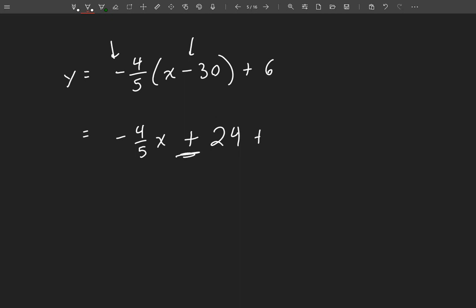And then plus 6. And now I simplify, and I get negative 4/5 x plus 30. Okay, that is how you turn things from point slope form into slope y-intercept form.